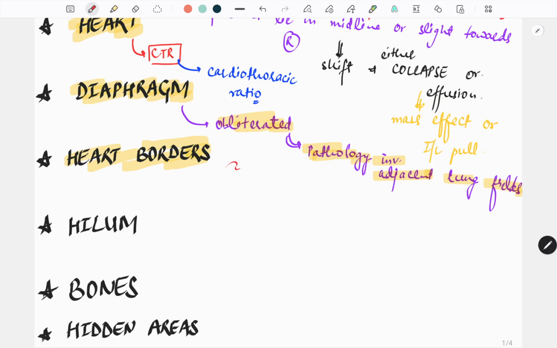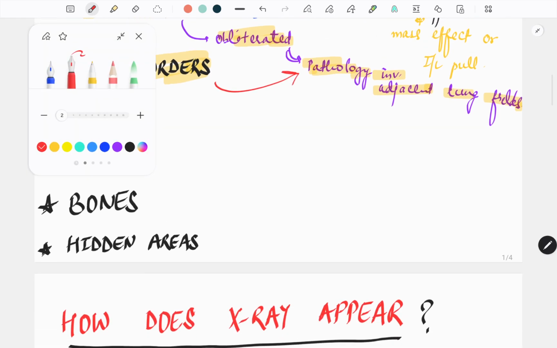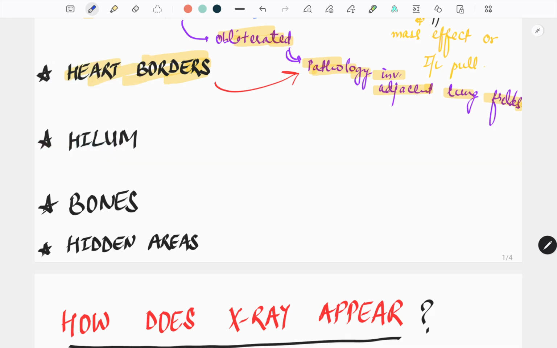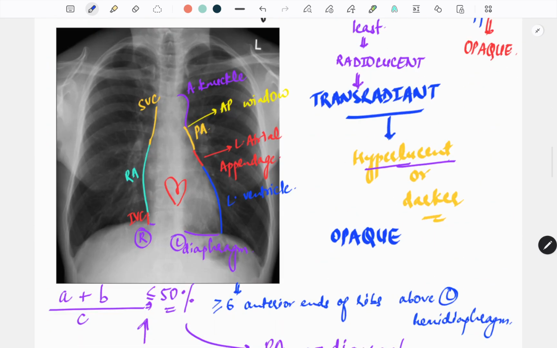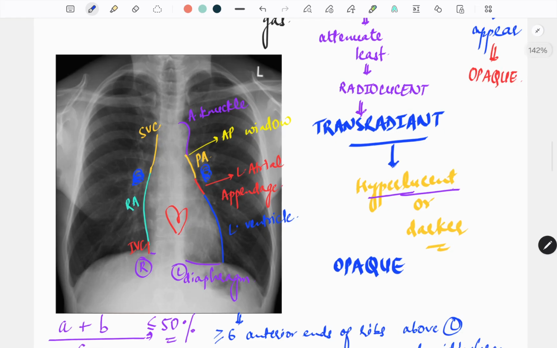We should look for any pathology. Next, we'll come to the hilum. First of all, what is the hilum? I'll highlight. These are the hilum. This is the right hilum. This is the left hilum.